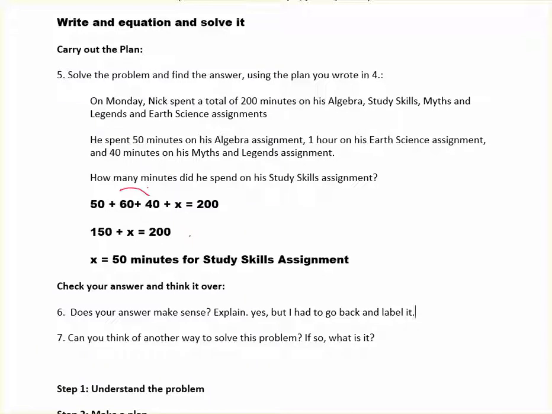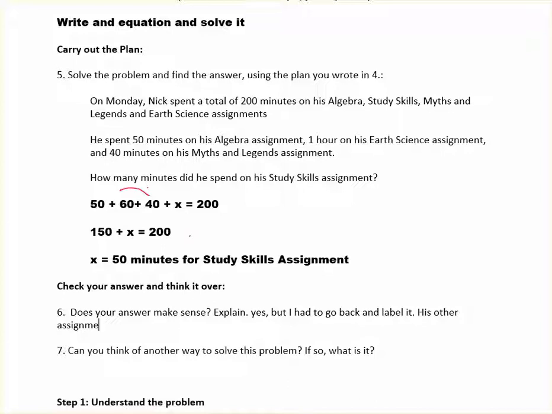But it does make sense because 50 minutes to do an assignment seems like a reasonable amount of time. That's less than an hour, and his other assignments took him about that same amount of time. I'll write that too. His other assignments took about the same length of time.